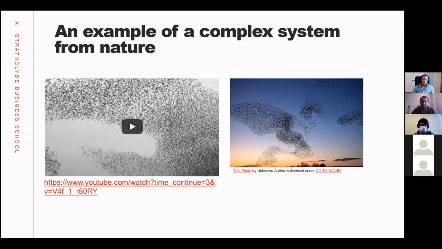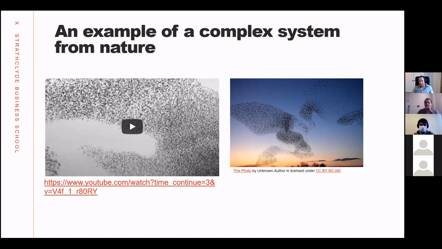I'm not going to put up this video here, but you may have seen videos along this line, or you may have seen it yourselves. If you're walking outside, you may have seen starlings or other types of birds creating these really amazing flocks and moving together in certain directions and forming these really beautiful shapes and patterns.